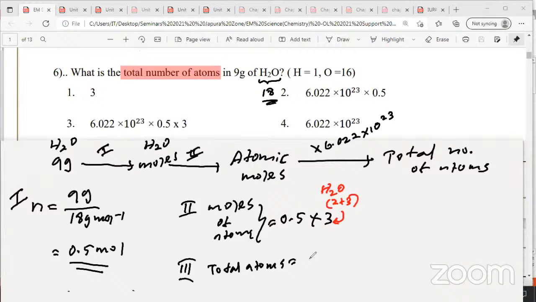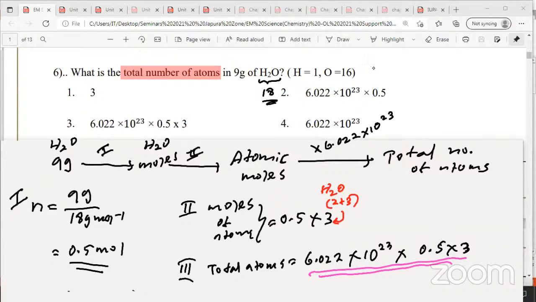That means 6.022 into 10 to the power 23, the Avogadro constant, into 0.5 into 3. So this is the final answer.